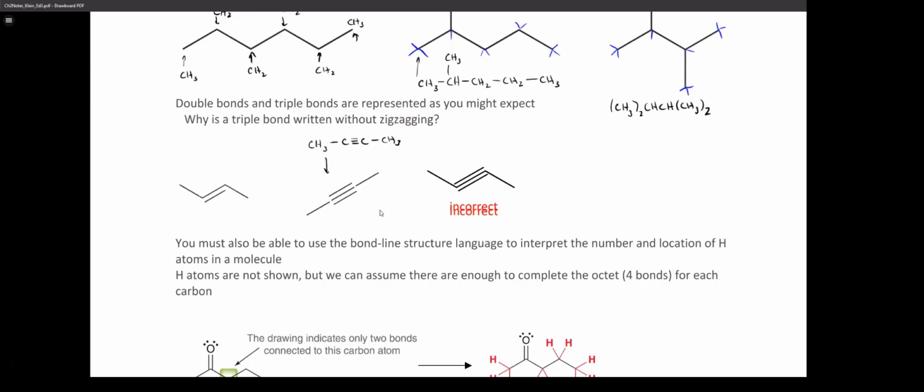Another note is you can draw the hydrogens in if you want.